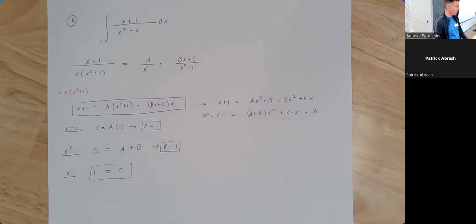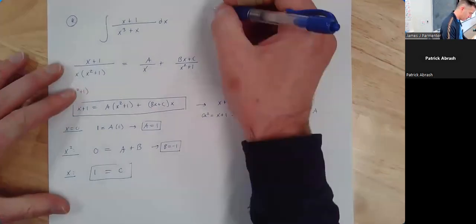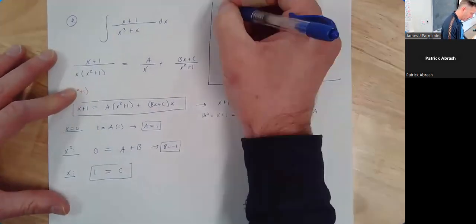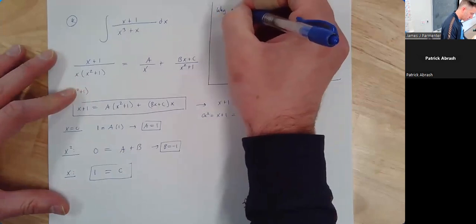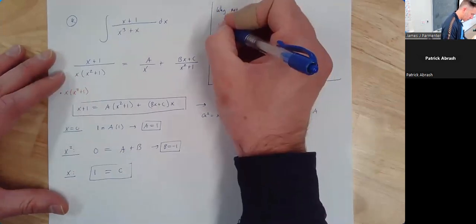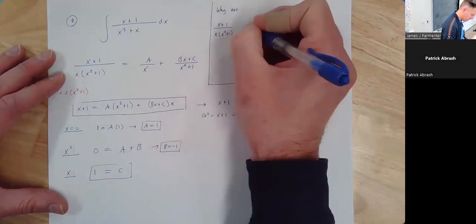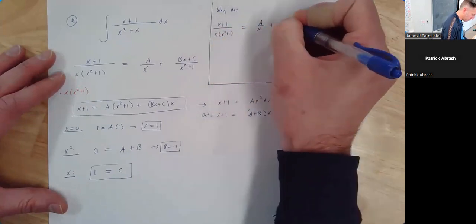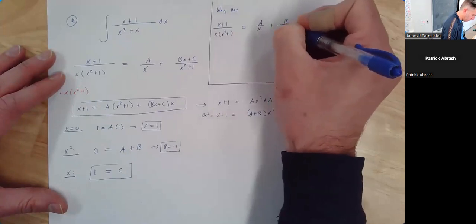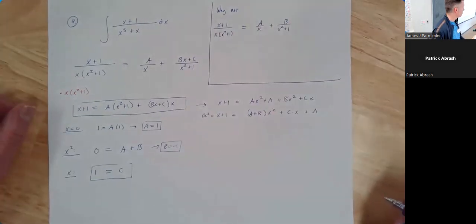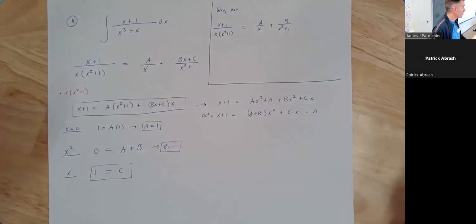So why can't we do this the other way? Why not say x plus 1 over x times x squared plus 1 just equals a over x plus b over x squared plus 1? Well, it doesn't work.